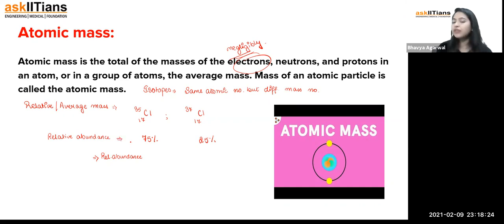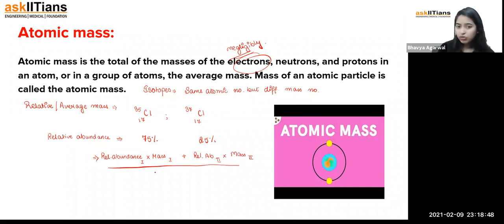So this is your relative abundance of one isotope multiplied by the mass of that isotope, plus, again, the relative abundance of the second isotope multiplied by the mass of the second isotope, and divided by total abundance. So total abundance will be 100, 75% plus 25%.